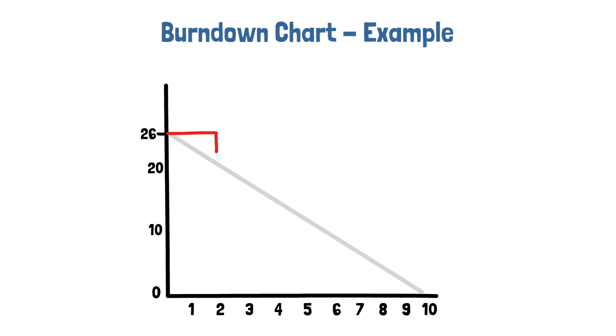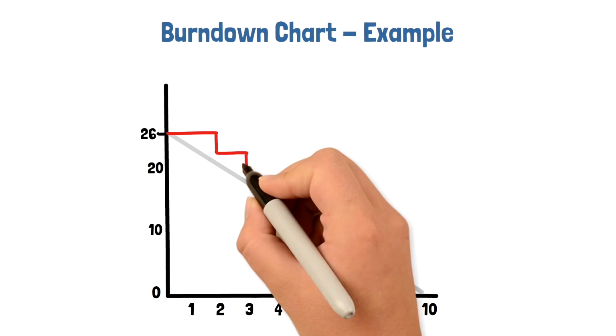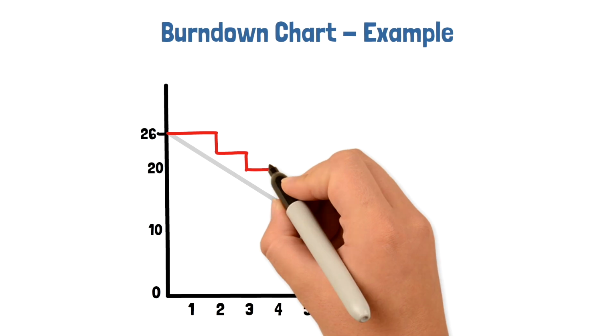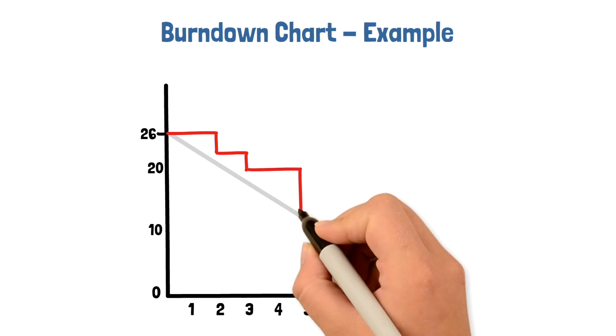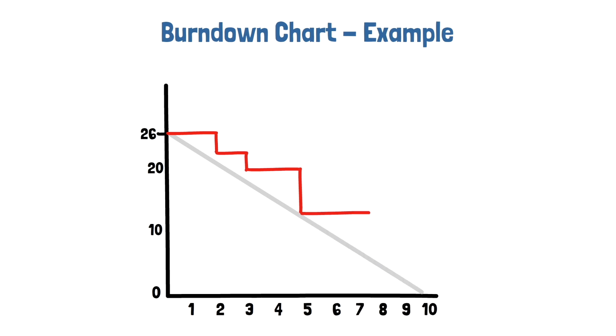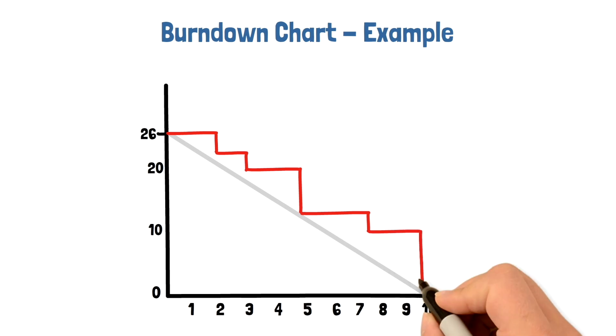Assuming our user stories are estimated in story points, the story point value that a user story is assigned, when the story is completed, the burndown chart will go down by the same value. If a 2 story point user story is completed from our sprint, our burndown line will go down by 2 story points, and the remaining work should show 24 story points on the left side of the chart.